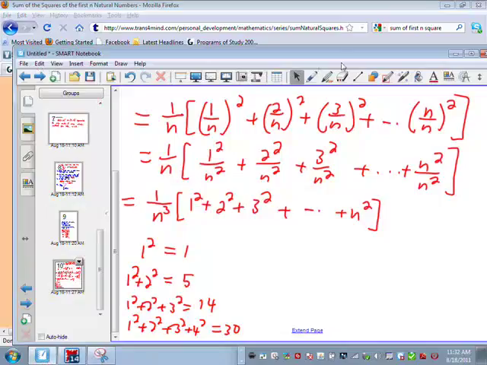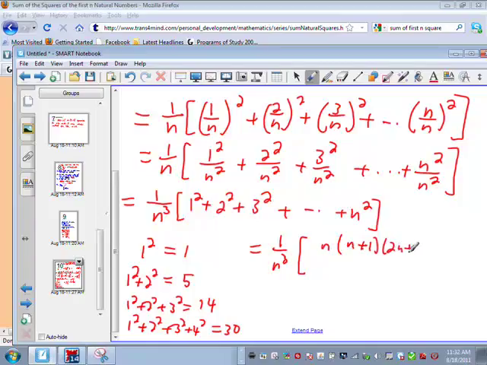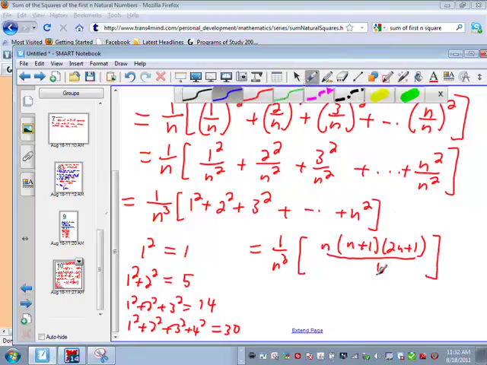So apparently, looking on the outside, this is equal to n times n plus 1 times 2n plus 1 over 6. Okay, so we got that from some research.